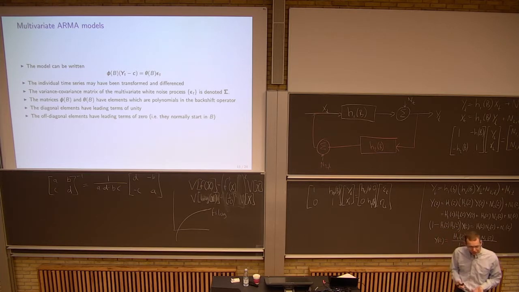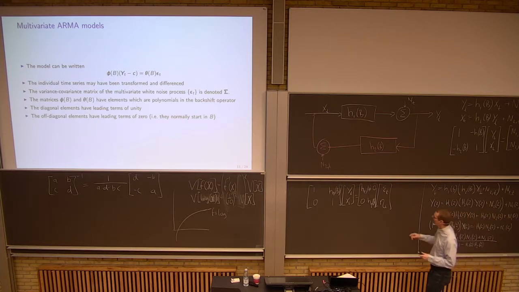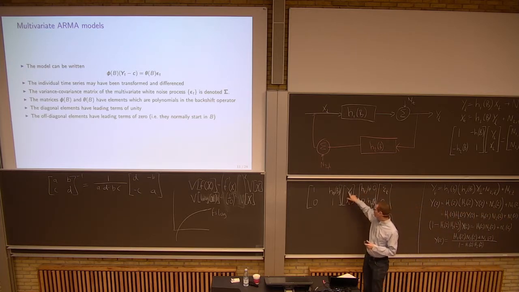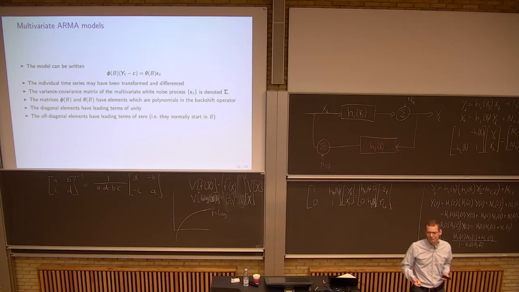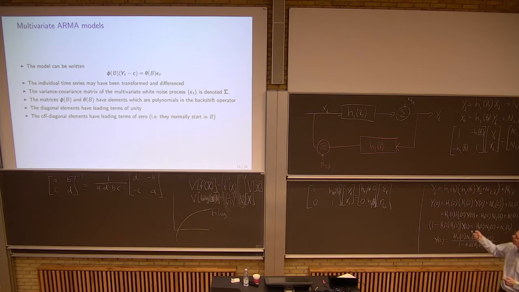So this typically starts in B. So it means that typically yt does not depend directly on xt. It depends on xt minus 1. You can consider it in a physical sense that it takes some time to get through a loop up here. So you don't have the information immediately.